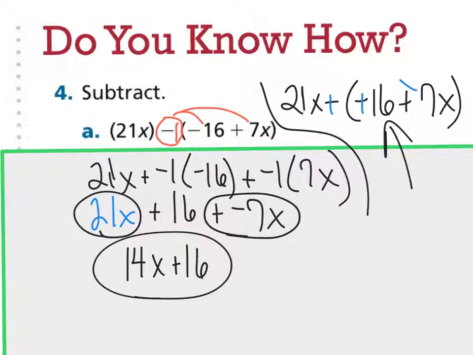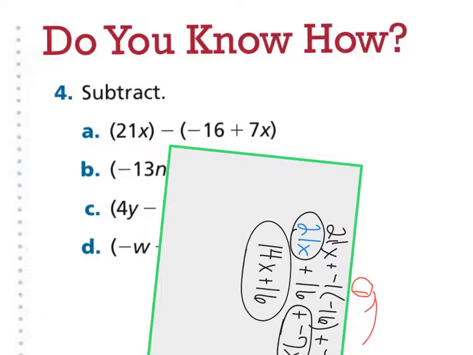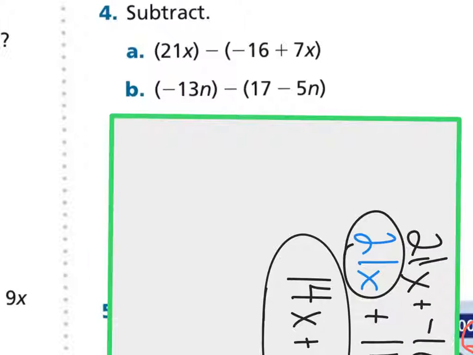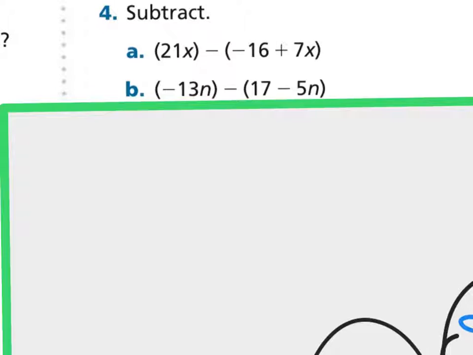If you do the same thing, combining like terms, you would get the same answer, 14x plus 16. If we look at part B, same idea. You can either put a 1 and distribute the -1, or you can add the opposite.